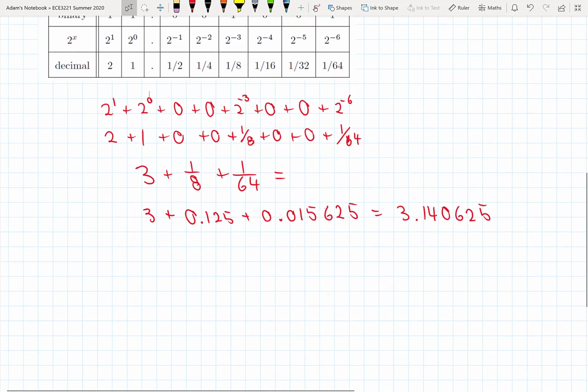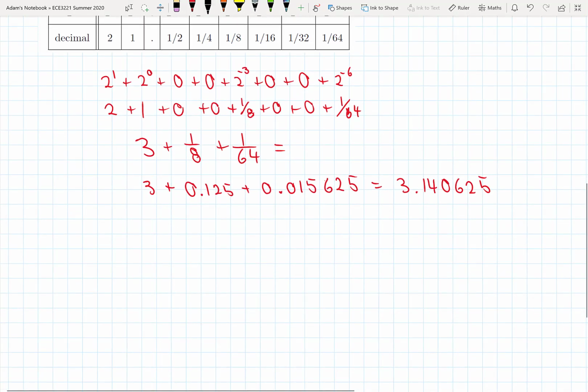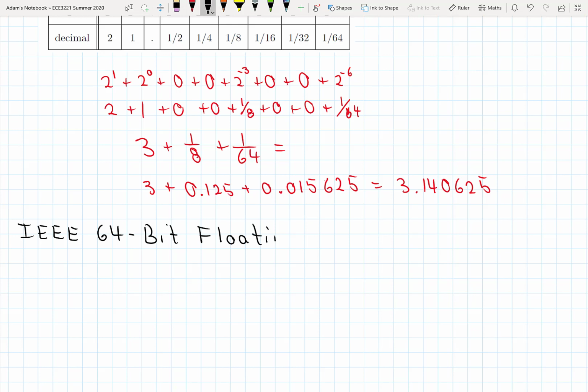Okay, and that leads us to talk about floating point, and we're going to talk about a very specific standard. There's a few different standards. One of the very common standards for representing floating point numbers or fractional numbers in a computer is the IEEE 64-bit floating point format.